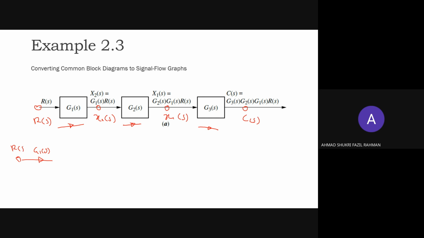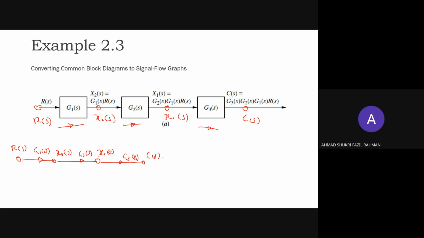This one is RS, and then going to the second node, which is X2S, going to G2, G2S, and then from here to another node, X1S, going to G3, G3S, and then this G3 going to node CS.